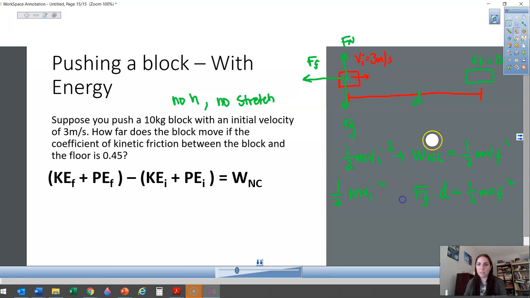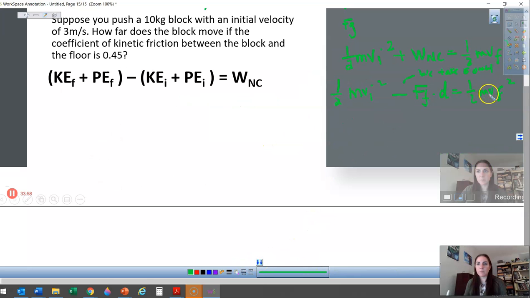So I'm going to put a negative sign here, because we're taking energy away. So this is what it looks like. The final velocity is 0. Cool. Like I said, you get the same result if you did it the other way too, just fun fact.